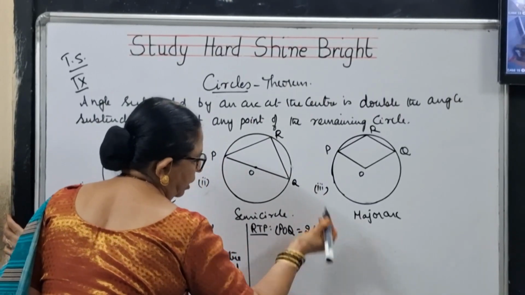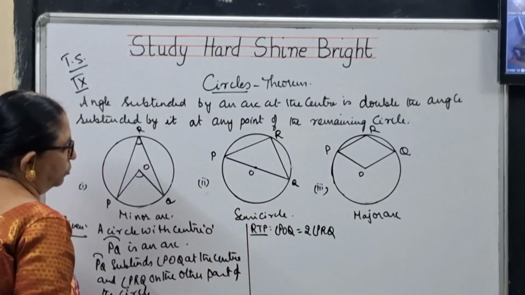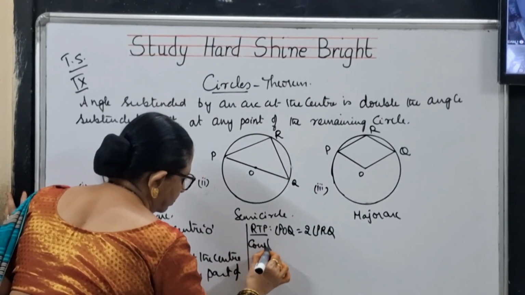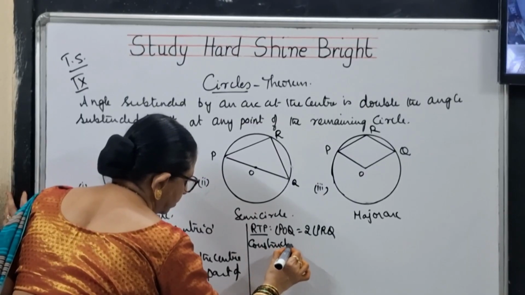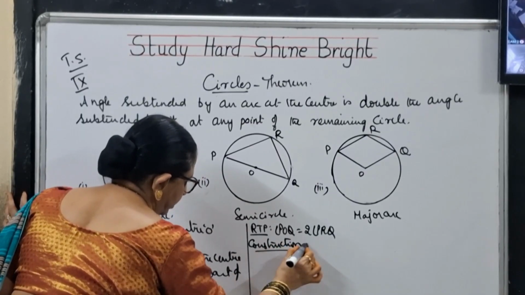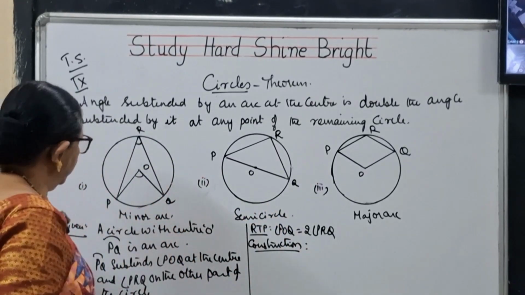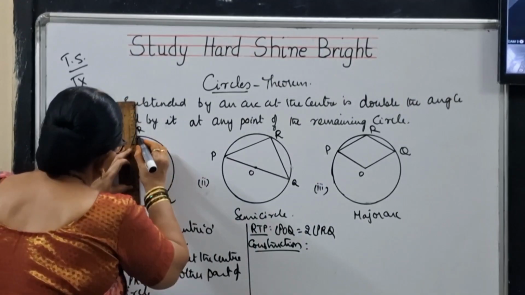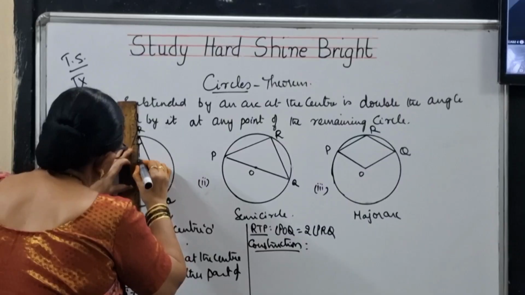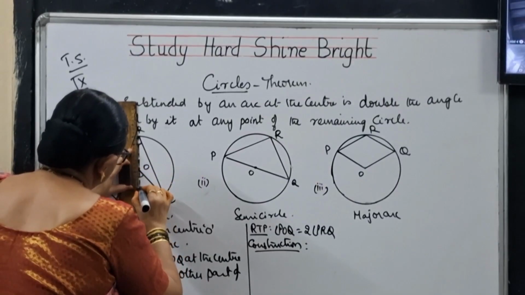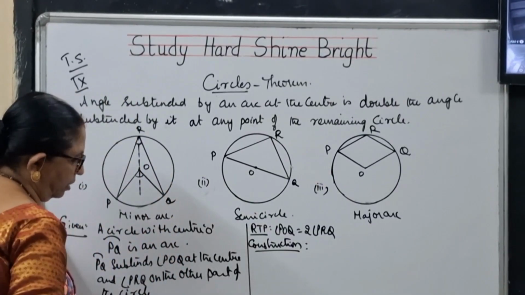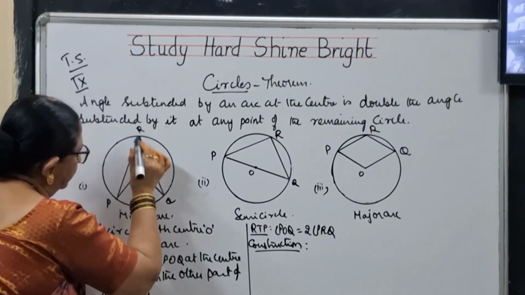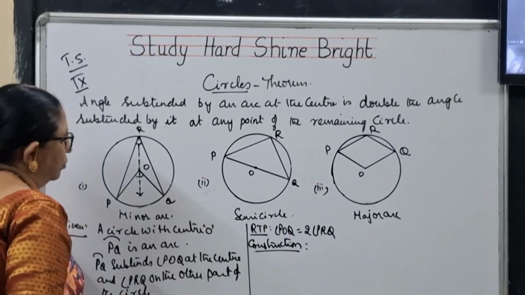And there is a construction. What is this construction? You have to join RO and extend it, or draw RS through O.